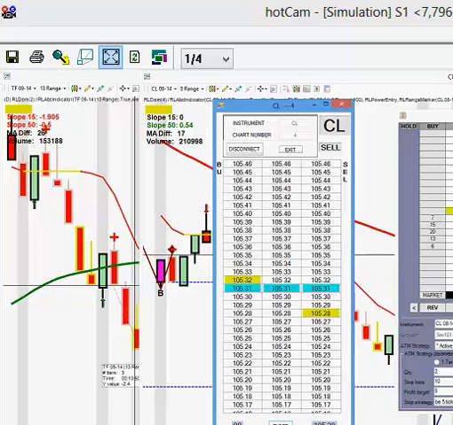That trade just appeared on your Superdome. So not only do I call the trades out in the room, but I actually put them directly into your Superdome. If this market was moving, you'd see the trade execute, you'd see the ATM strategy evolve, and you'd see the whole system work. So there's no missed calls in the room.